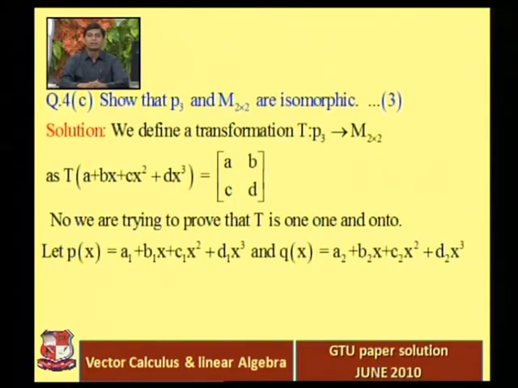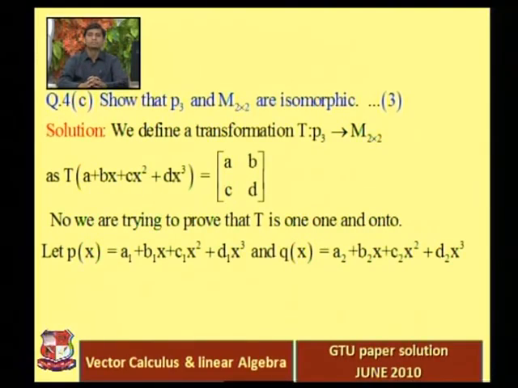If we prove these two parts, we can say that our mapping T from P3 to the set of 2 cross 2 matrices is an isomorphism. So now we are trying to prove that T is 1-1 and onto.